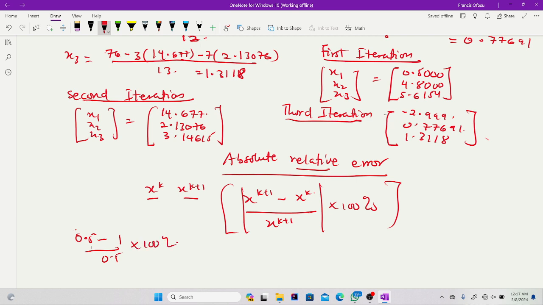So this gives us our percentage error, and when I punch this on the calculator, 0.5 minus 1 over 0.5 times 100, the answer is giving us 100% because it's absolute of this. So the answer is 100%. So meaning you are having 100% error. The question will ask you to find the absolute error if it wants you to.